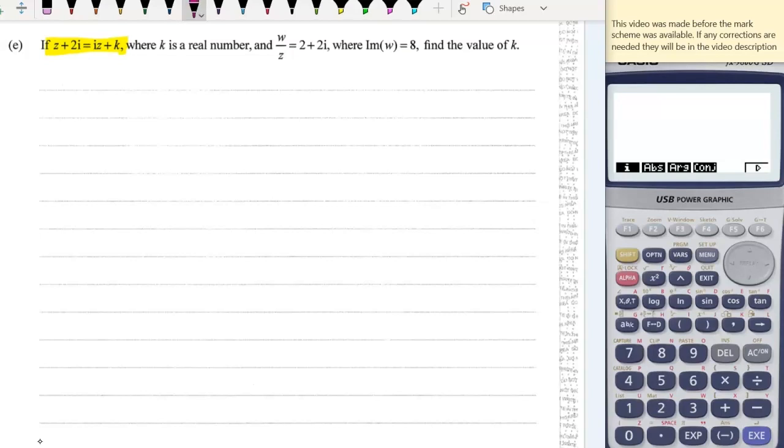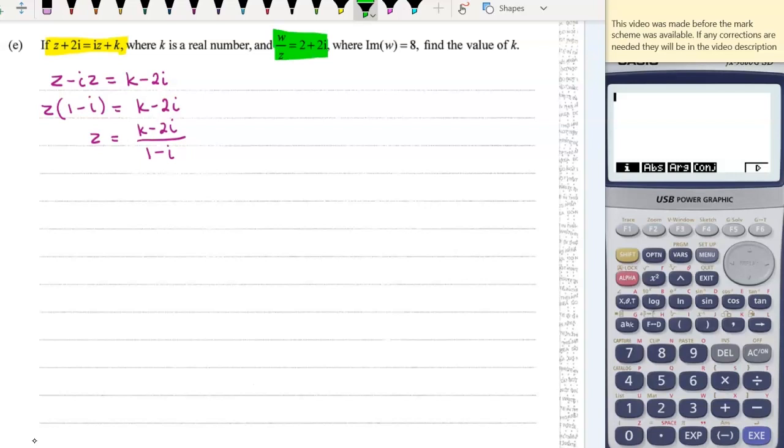So I have that if I bring all the z's over to the left-hand side, I've got z minus iz is equal to k minus 2i. That allows me to take a factor of z here. So that's equal to k minus 2i, so that z on its own can be expressed as k minus 2i over 1 minus i.